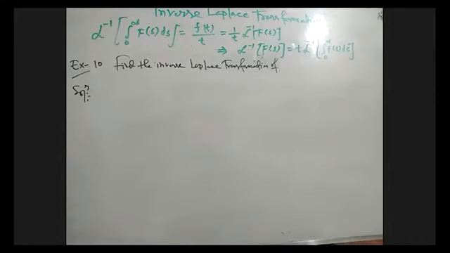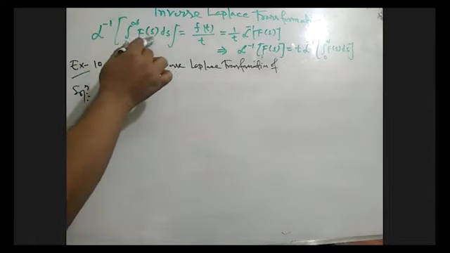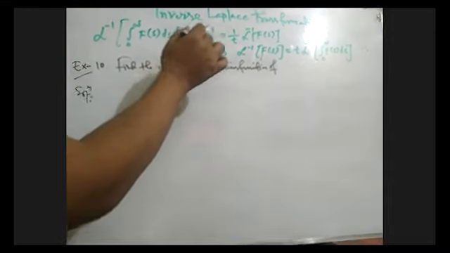Okay, now another important property for finding inverse Laplace transformation is integral properties. For finding the inverse Laplace transformation by using integral properties, that means the inverse Laplace transformation of the integral from 0 to infinity of F of s ds, this is the transform function and this is the original function f of t.